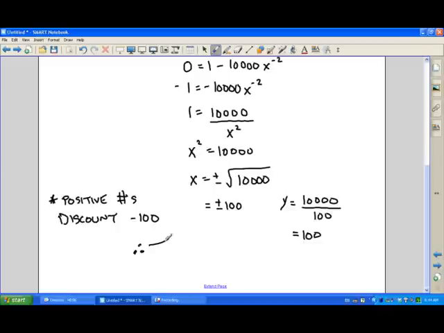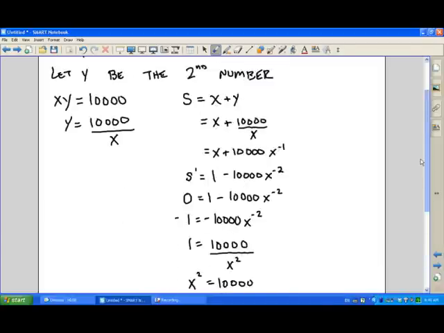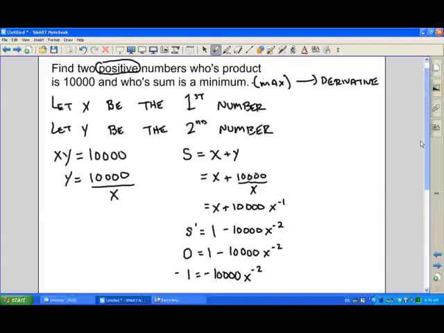And then we can say that the two numbers are 100 and 100. When I multiply these two numbers together, my answer is 10,000. When I add these two numbers, I get 200, which is the minimum possible sum when we're looking at all possible factors of 10,000.